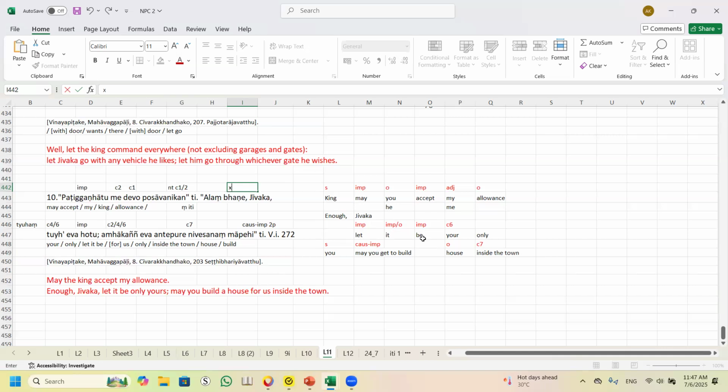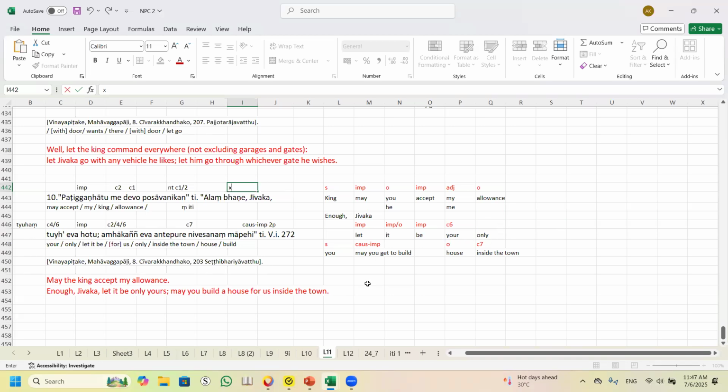Let it be yours, and then the word eva: let it be yours only. The king is saying, when he wants to offer the salary to the king, the king says, let it be yours. No need, let it be yours.